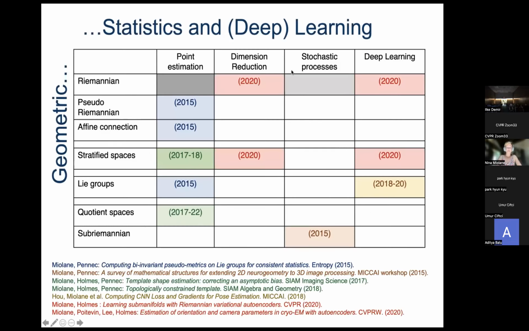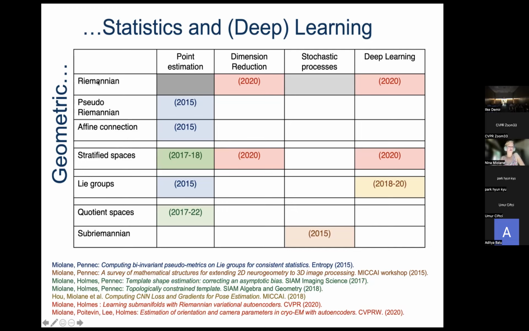Zooming out a little bit, let me show you an overview of the research that I'm interested in. In the previous slides, I was showing you this hierarchy of computational differential geometry. This is the hierarchy of manifolds. I'm interested in generalizing statistical learning, machine learning, and deep learning on these exotic data spaces. In other words, I'm interested in filling the table that you see on this slide, where the different rows represent different manifolds.